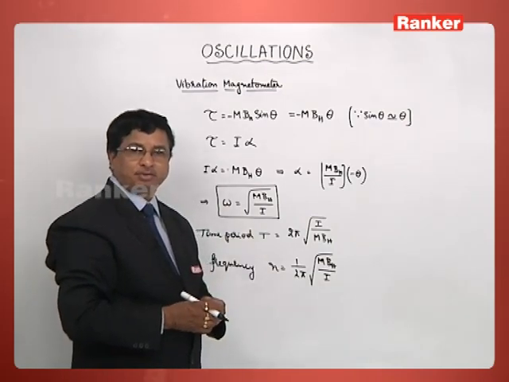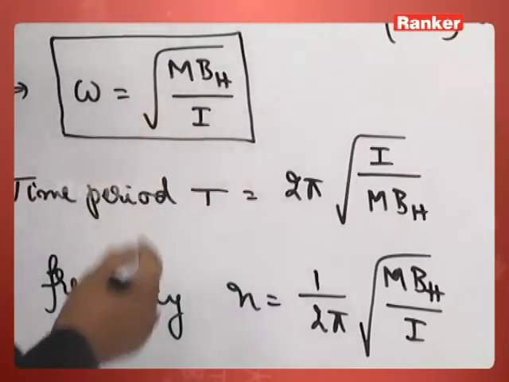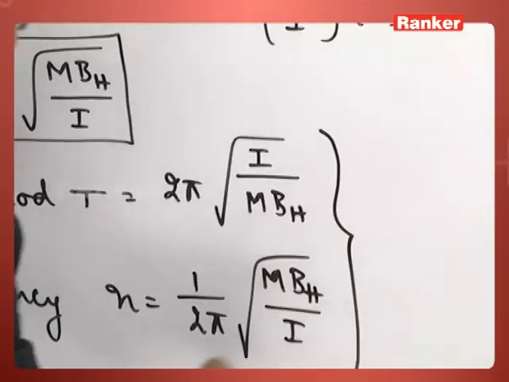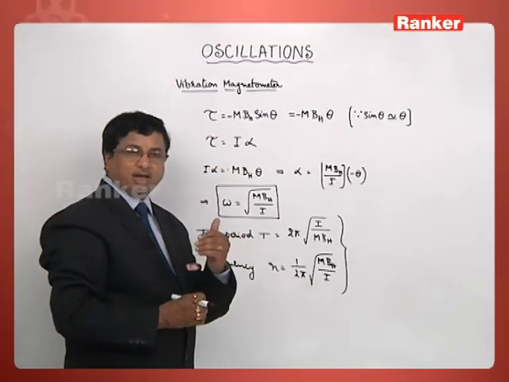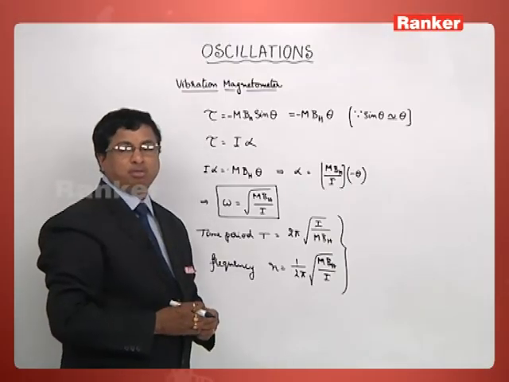Whenever we want to calculate the frequency, angular frequency and time period of the oscillating magnet in a vibration magnetometer, these are the three formulae one should remember.